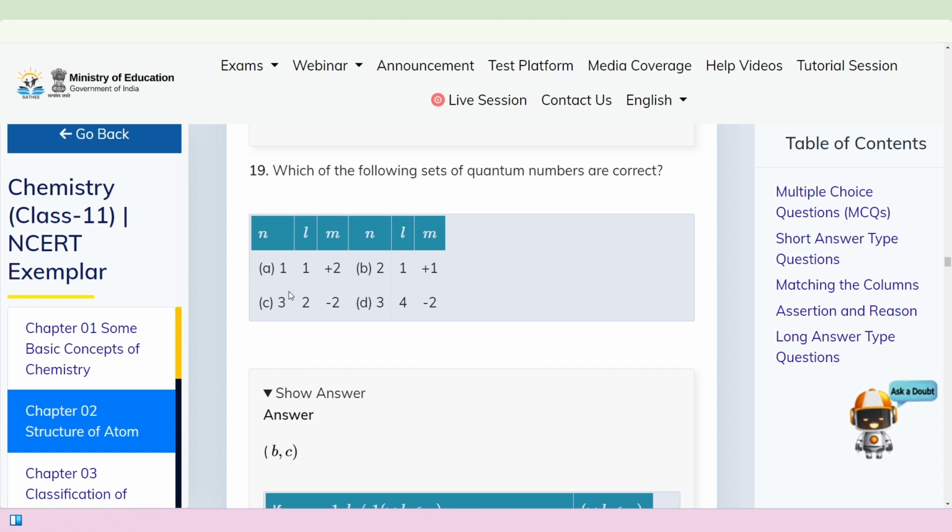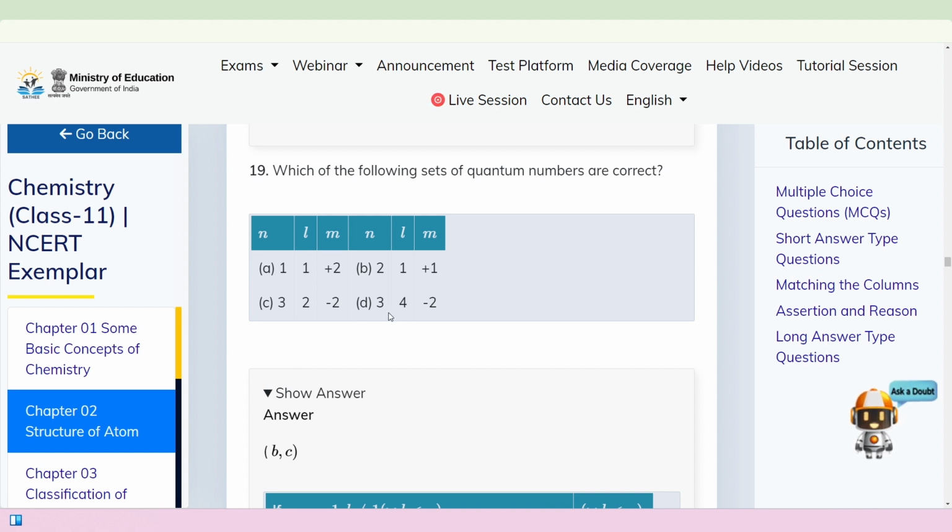This is correct, because 0 to n minus 1 values are possible: 3 minus 1 is 2. So l can be 0, 1, 2, and all three are possible. The ml value goes from minus 2 to plus 2, because the value of l is 2, or you can say minus l to plus l. So this is also possible.